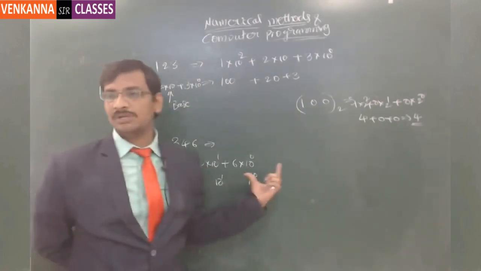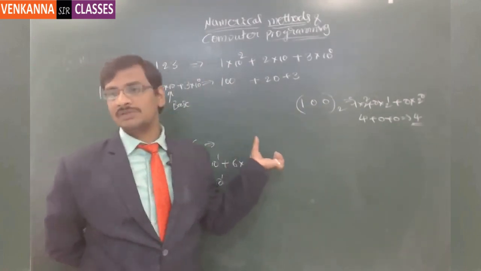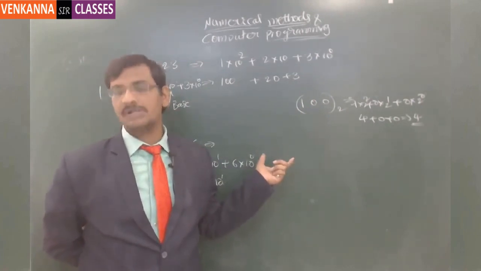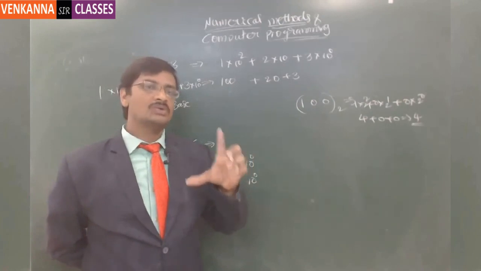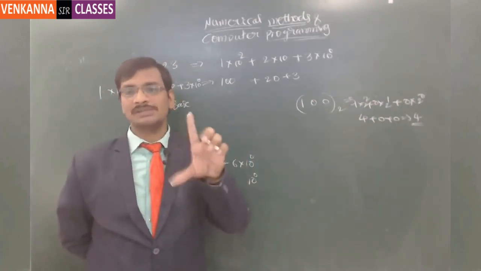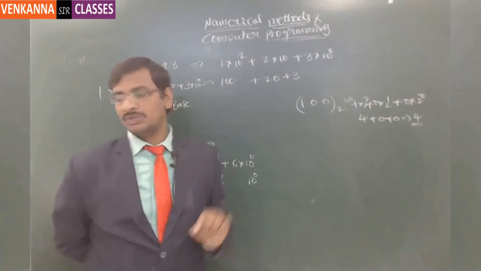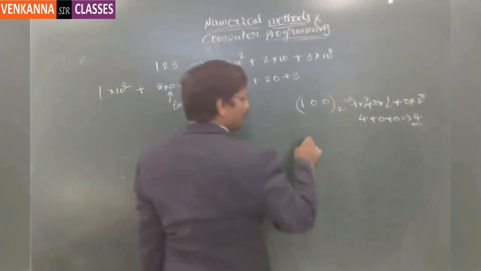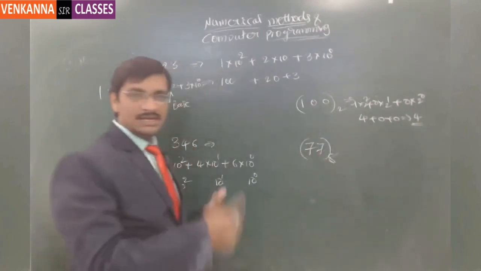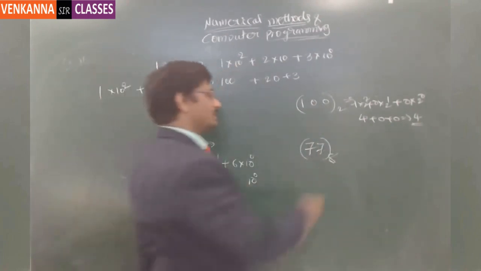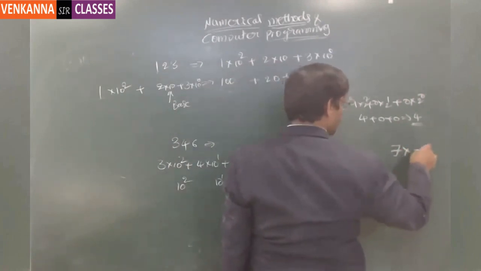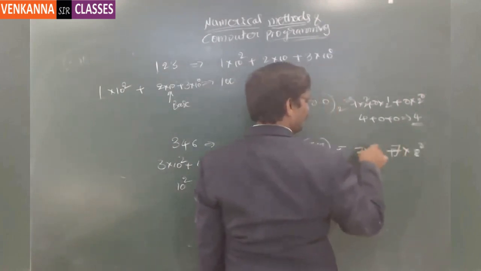Because in decimal number system, we know the number of symbols we are going to use for any kind of number system. Got it? In octal number system, we are using 8 symbols. Now it is convenient for us to express in the decimal number system. So suppose if I say 77 as the octal number, the decimal equivalent of this number is 7 into 8 power 0 plus 7 into 8 power 1.